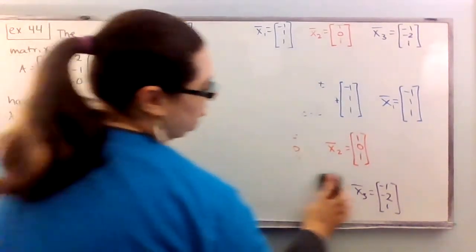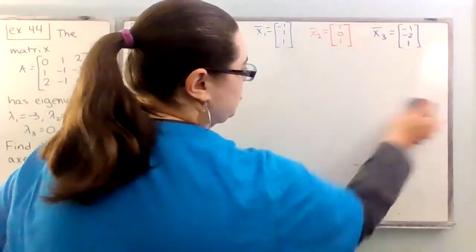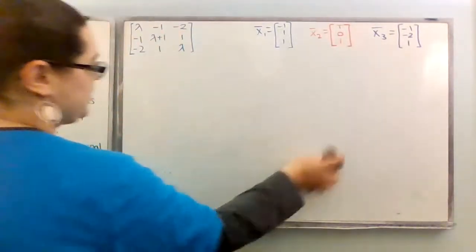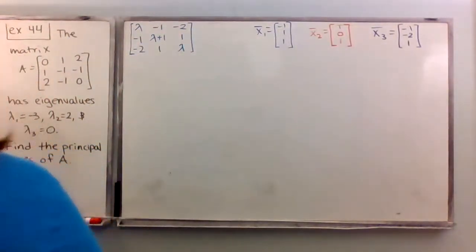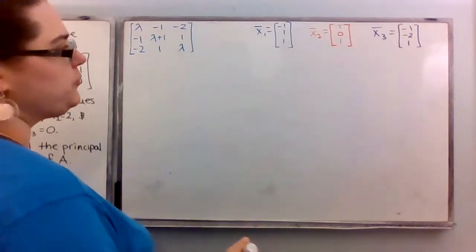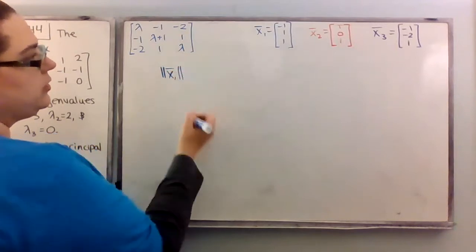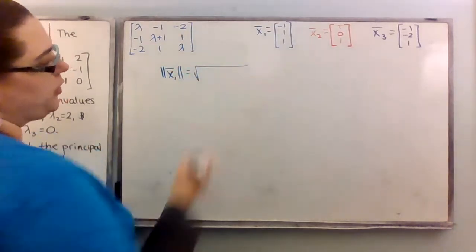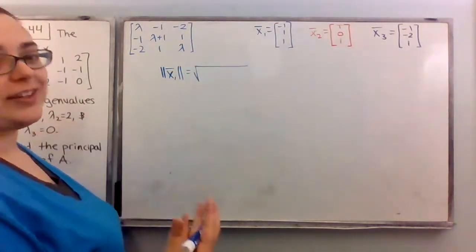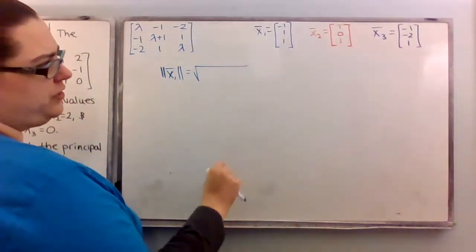So remember, in order to normalize a vector, you have to find its norm, which is just the square root of the inner product with itself. And then we'll divide by that value. So let's find the norm of x1. That's going to be the square root of, now when we find the dot product of a vector with itself, you just square each of the coordinates.